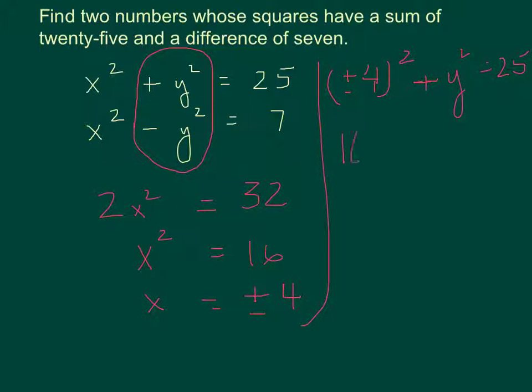So 16 plus y squared is equal to 25. Subtracting 16 from both sides then gives us y squared equals 9, and y will be equal to positive or negative 3, the square root of 9, taking the square root of both sides.